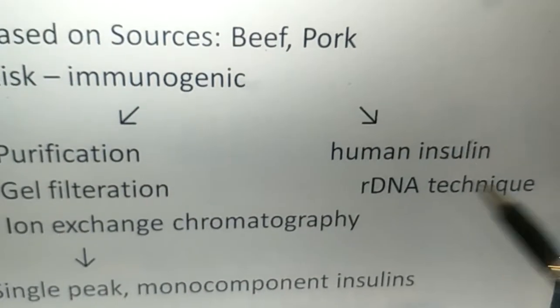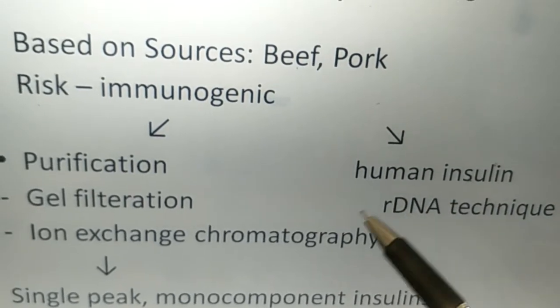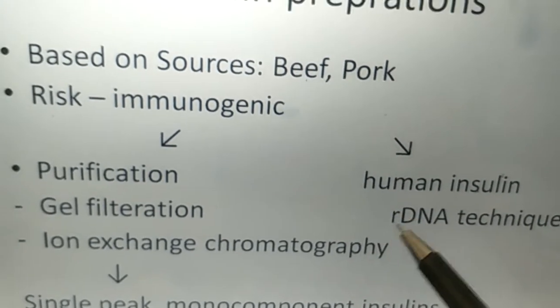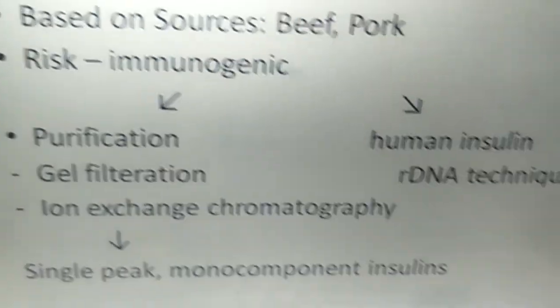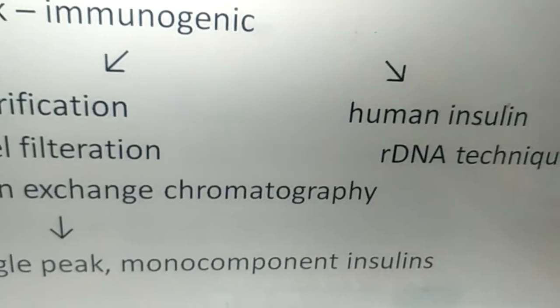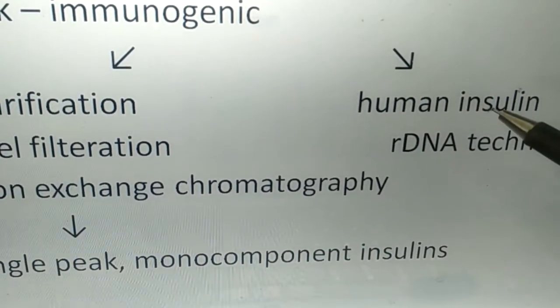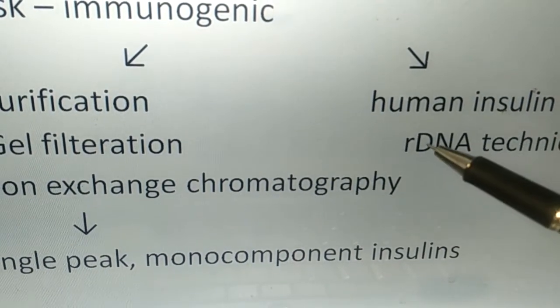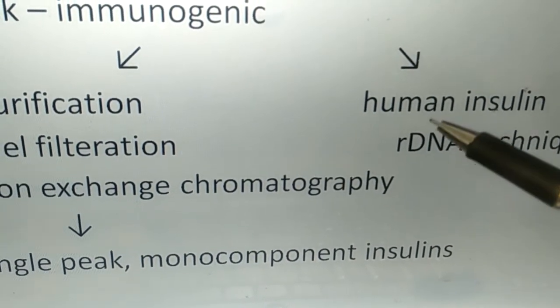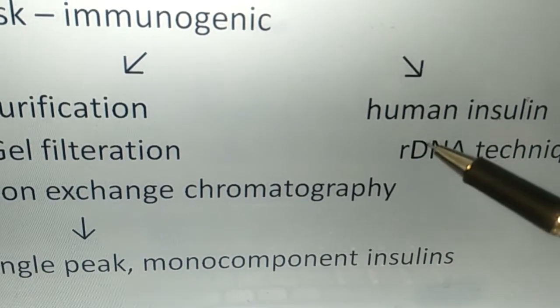Or this is a recombinant DNA technique, because otherwise it is very difficult to get insulin from humans. So what we do is we take the human proinsulin gene and we implant that gene in E. coli or yeast.